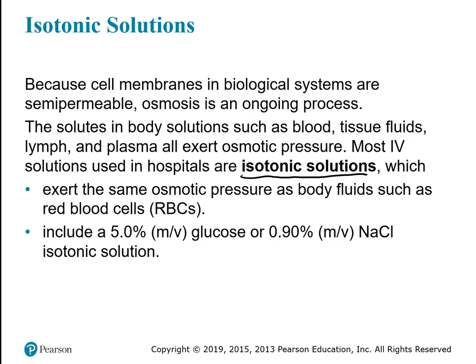You don't want to do anything to upset the balance of your body because cell membranes are semi-permeable. So you can have exchange of water across those membranes. You don't want to swell your cells. So those isotonic solutions usually include some kind of glucose or salt.